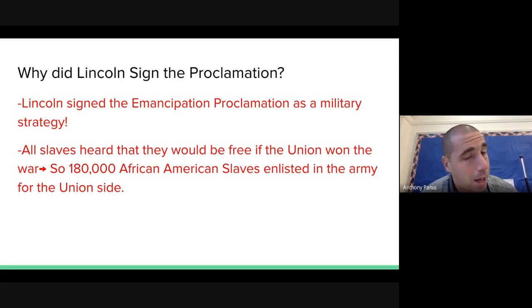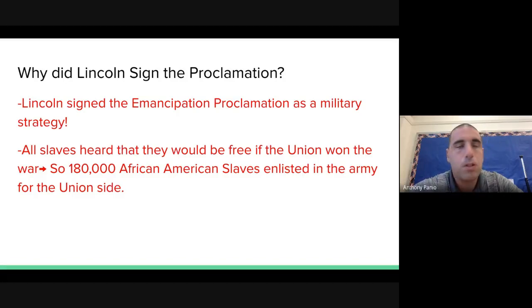But maybe now, if you're a slave, you escape to the North and you go fight for the Union Army. Maybe you're in the North and you have siblings or family in the South and you want slavery to be done with. Now maybe you enlist and fight in the war. So all slaves and all African Americans heard that they would be free if the Union won the war.